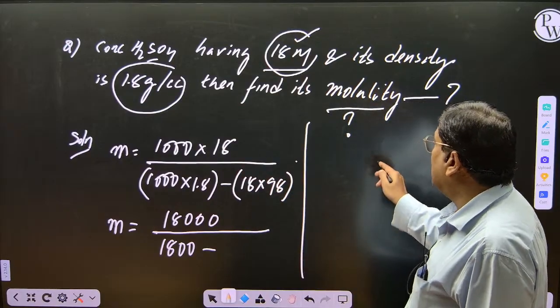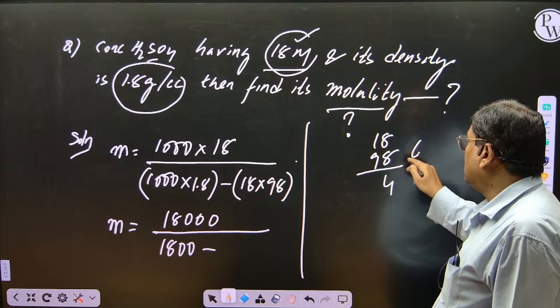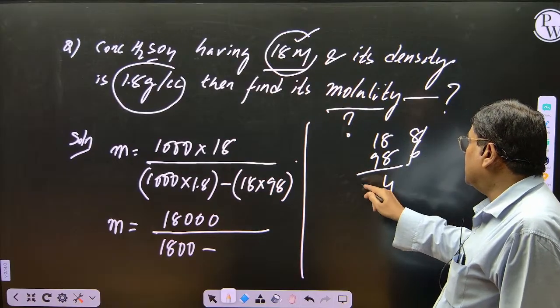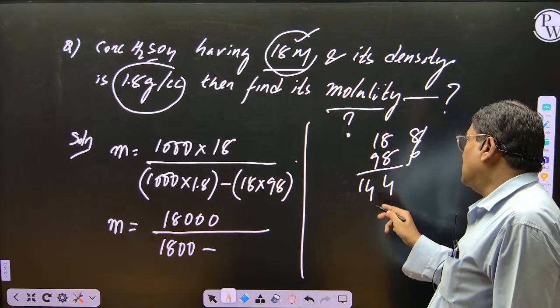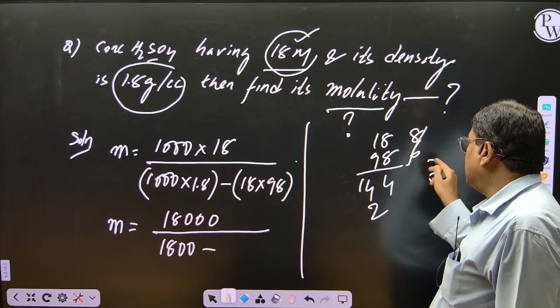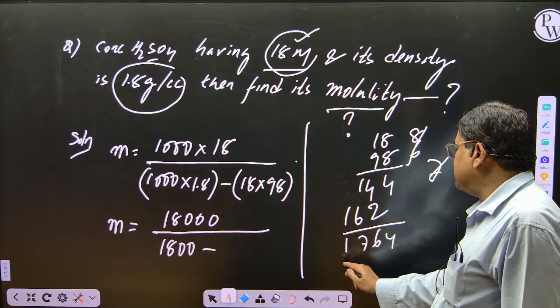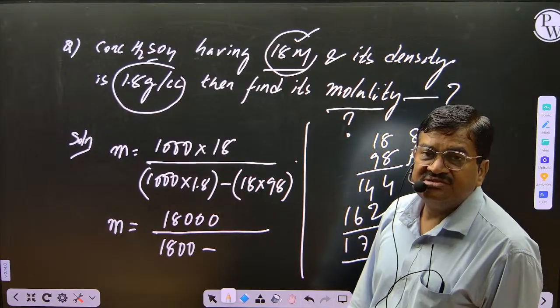Everyone do this calculation. 8 8s are 64. 1 8 is 8, that comes to 14. 8 9s are 72. 1 9 is 9, plus 6 is 16. 1764. Is it coming 1764?